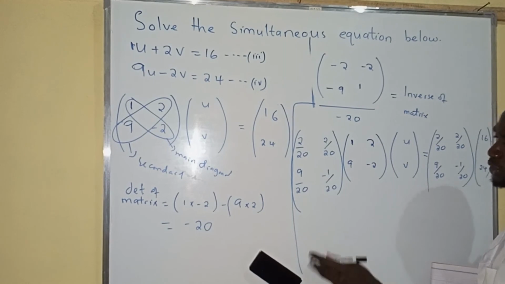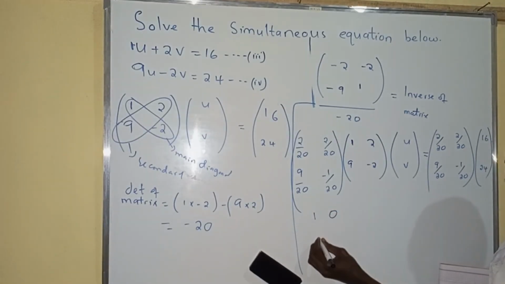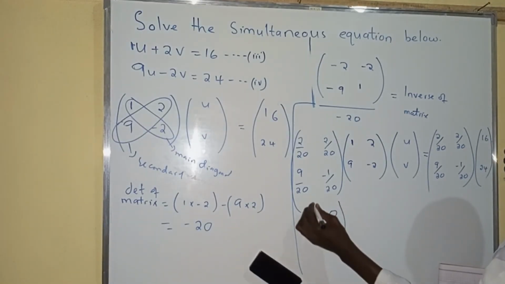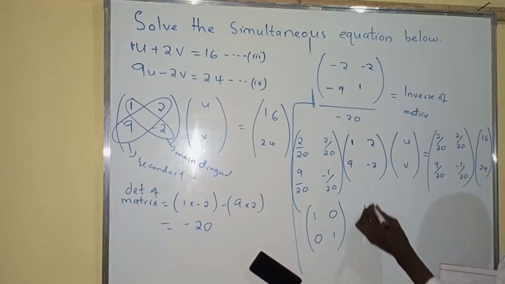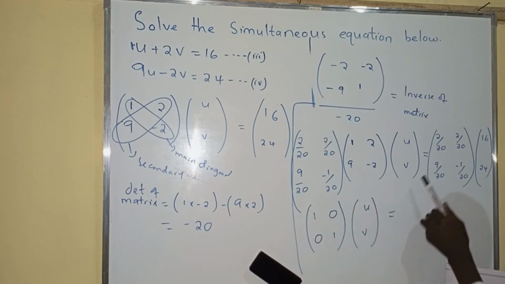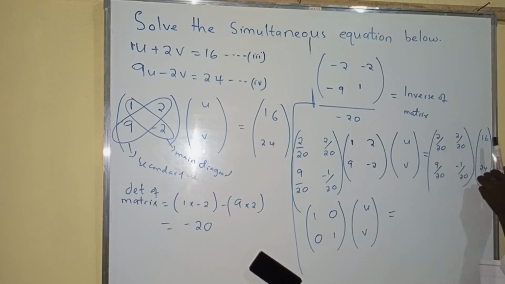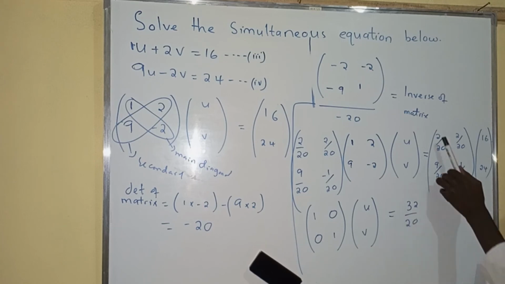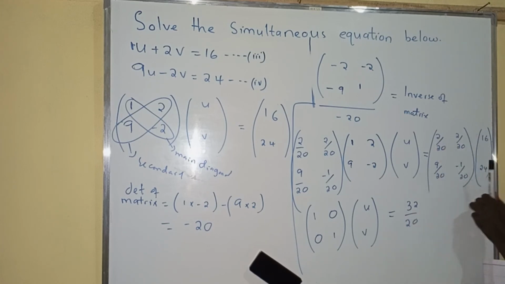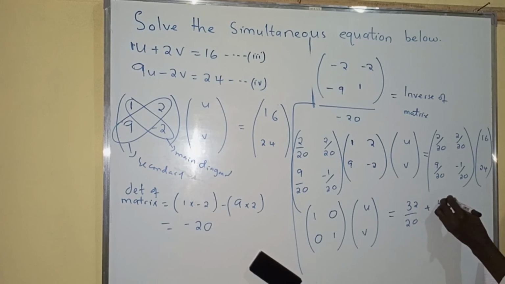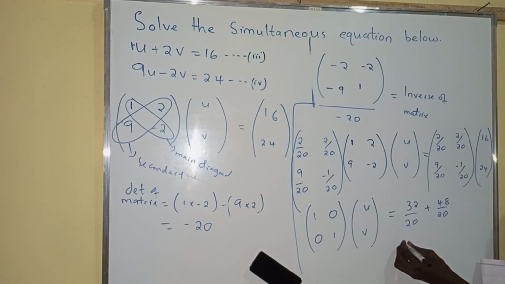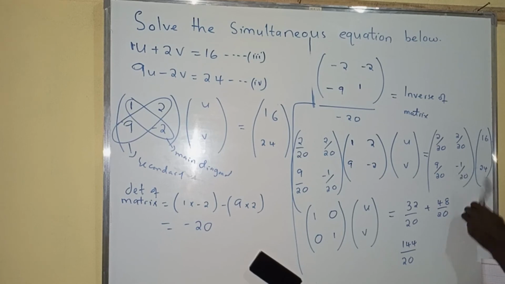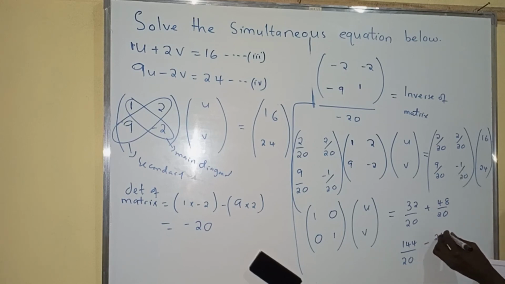And an identity is 1, 0, 0, 1 times uv. This is the same as 2 over 20 times 16, that one is 32 over 20, row times column, plus 2 over 20 times 24, that is 48 over 20, and 9 over 20 times 16, that is 144 over 20, then minus 24 over 20.